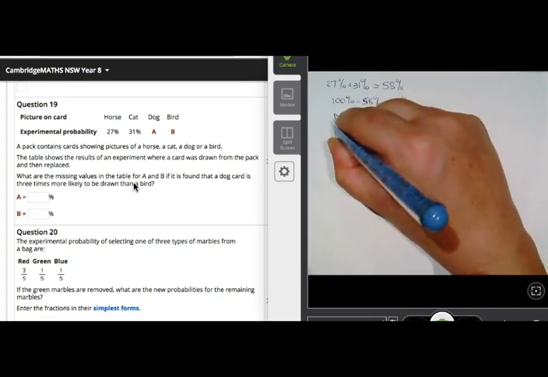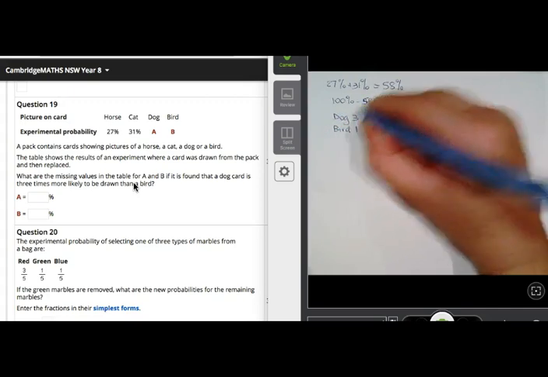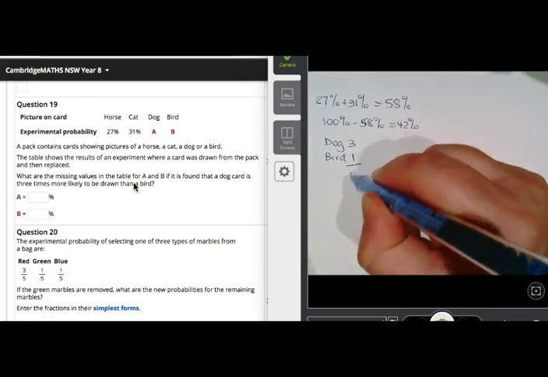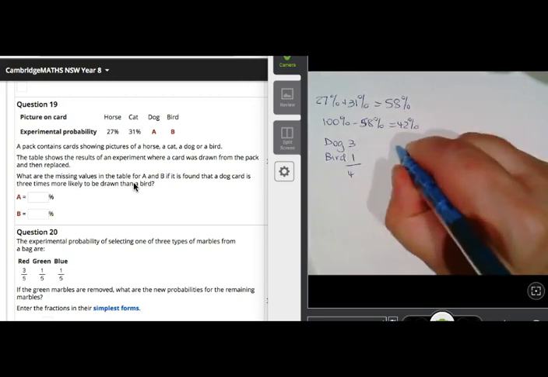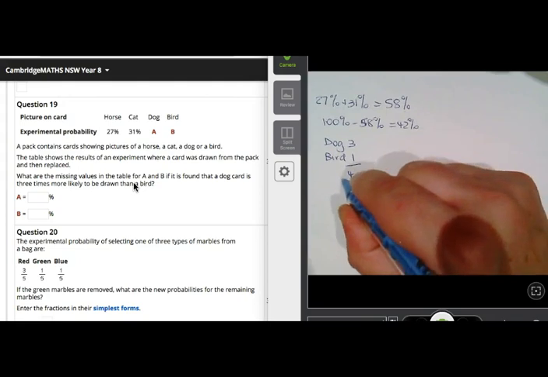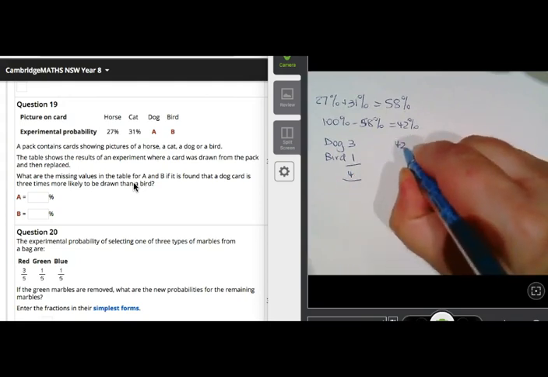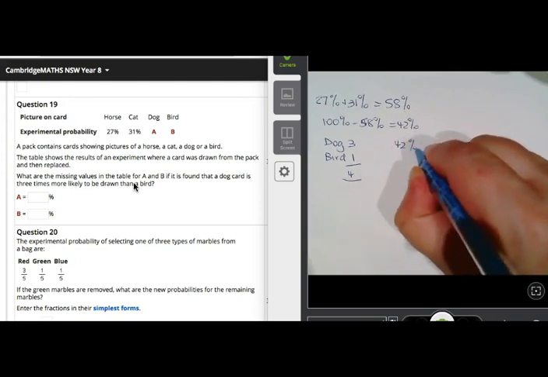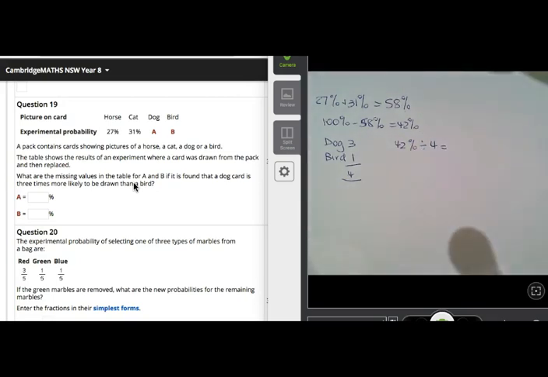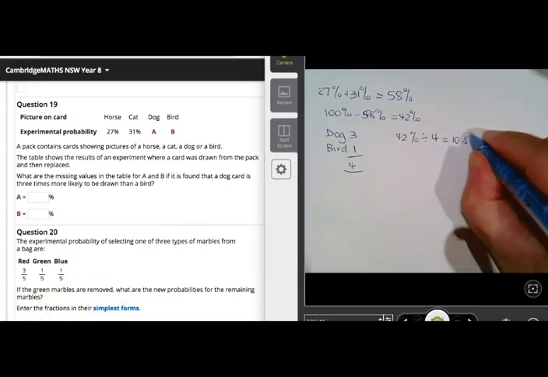So if a dog card is 3 times more likely than a bird card, if we look at the parts, if we add up 3 and 1, we get 4. So what we need to do is divide this 42% by 4. So we go 42%, we divide that by 4, and we get 10.5%.